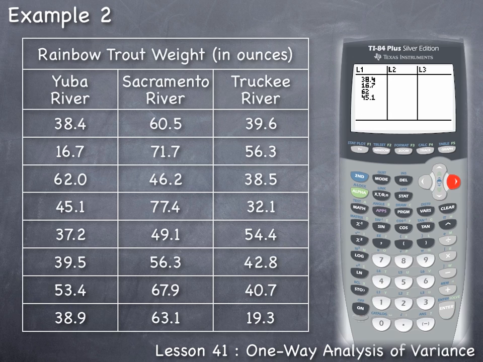Now in list 3, we'll enter the weight of the rainbow trout caught in the Truckee River. 39.6, 56.3, 38.5, 32.1, 54.4, 42.8, 40.7, 19.3.